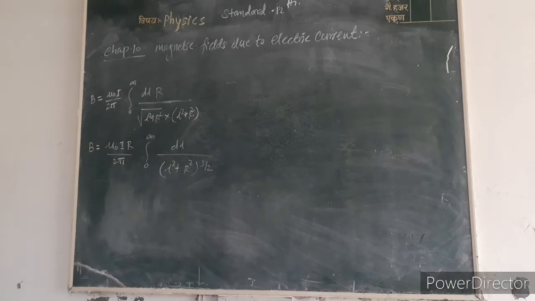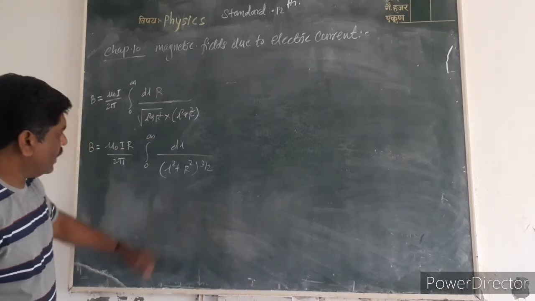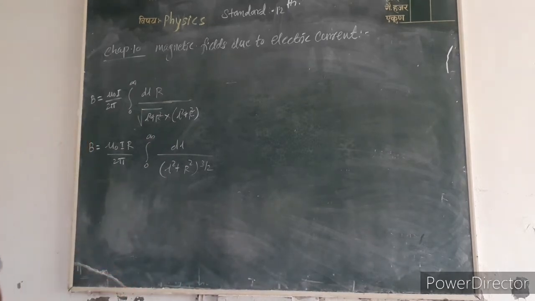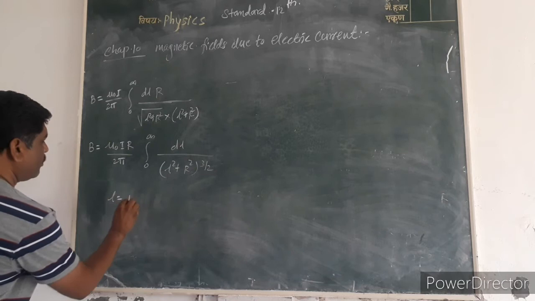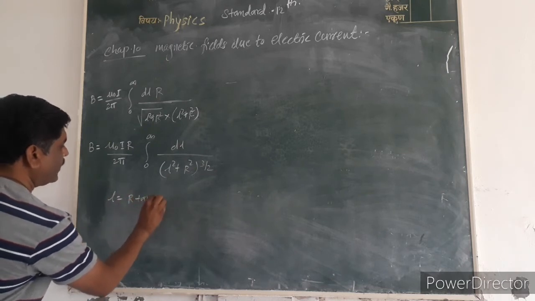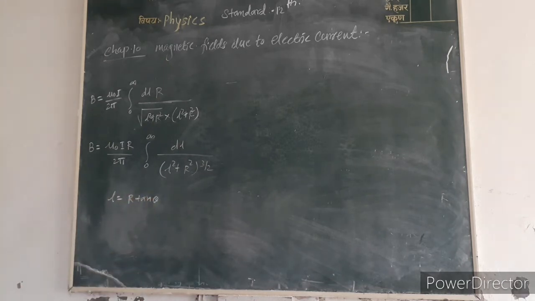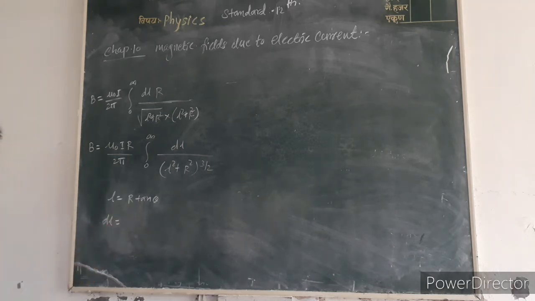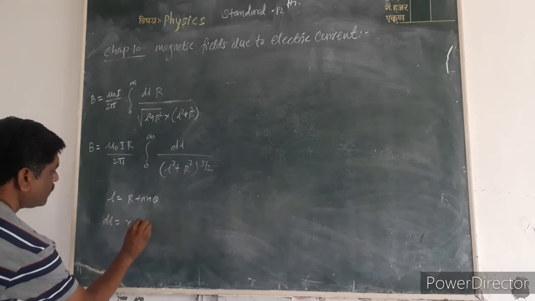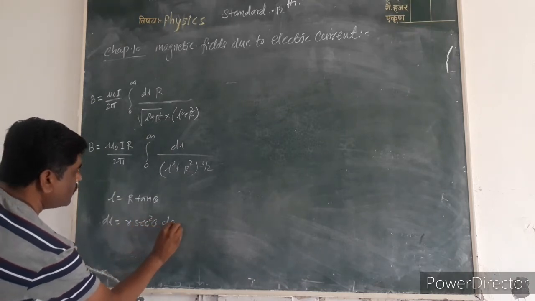Now again in the figure, the value of L is equal to r tan theta, where theta is in the trigonometry in the figure, and the value of dl is nothing but r sec square theta into d theta.